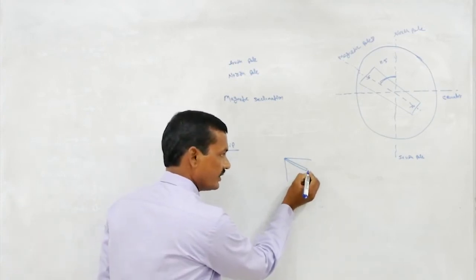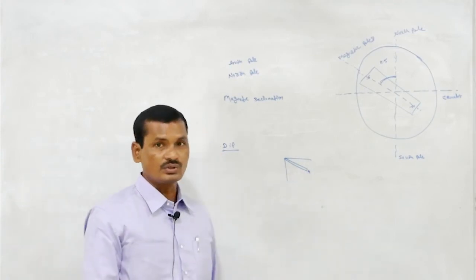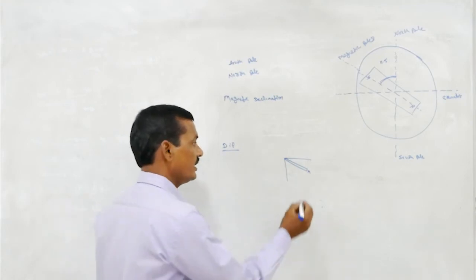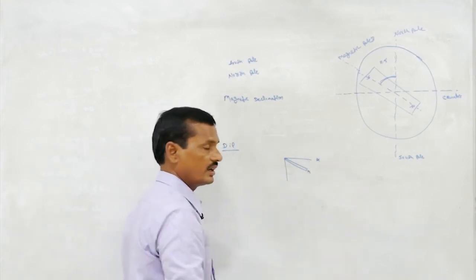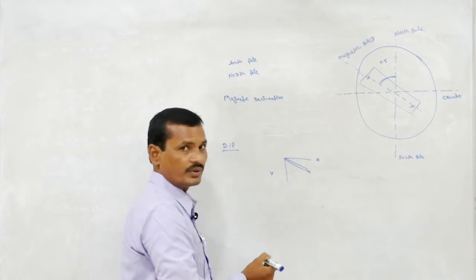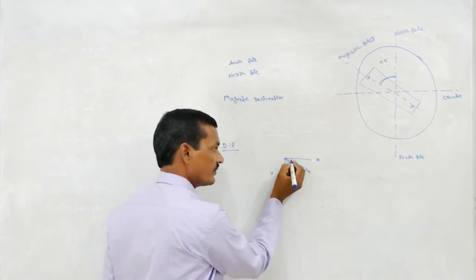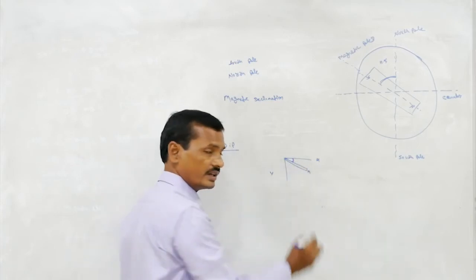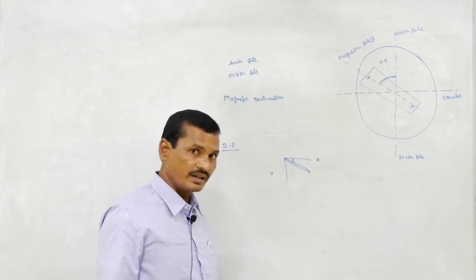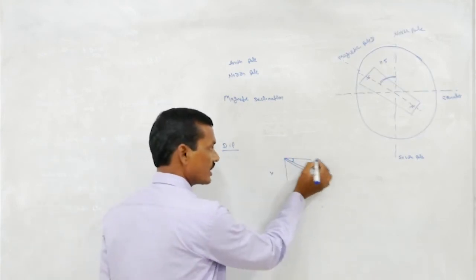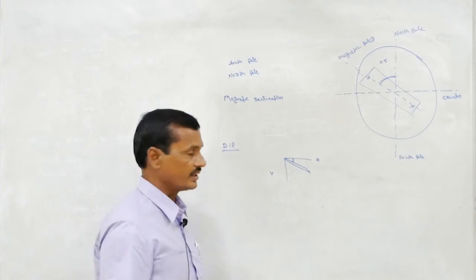The resultant magnetic field can be resolved into two components. One is the horizontal component, another is the vertical component. Therefore, dip is the angle between the resultant earth magnetic field and the horizontal component.